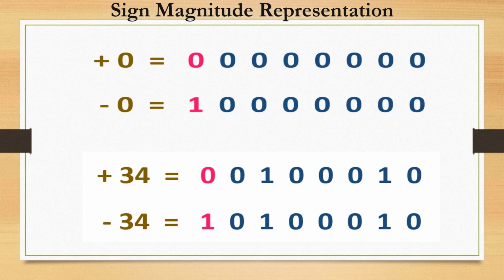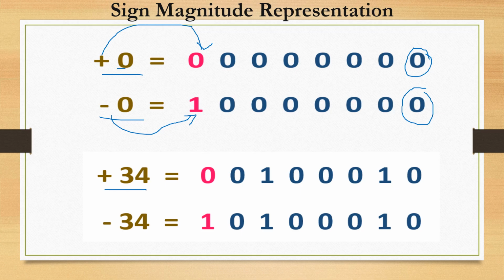Next, positive 0 and negative 0. The value of 0 in a binary system is all 0s, and the sign is represented by the most significant bit: for positive it is 0, and for negative it is 1.